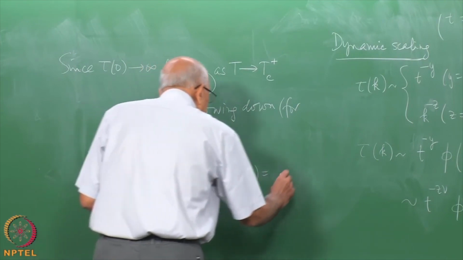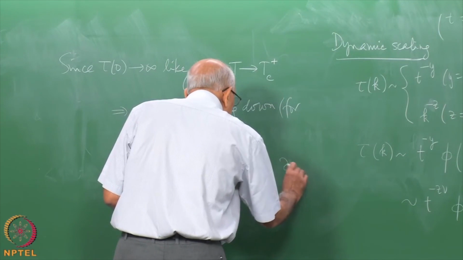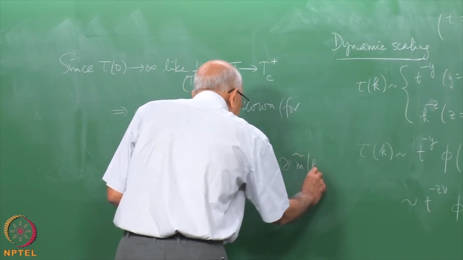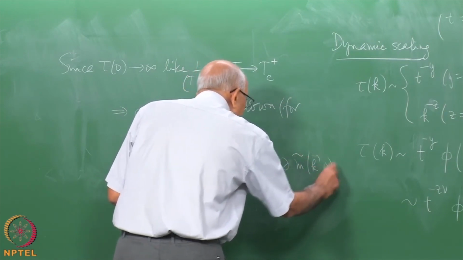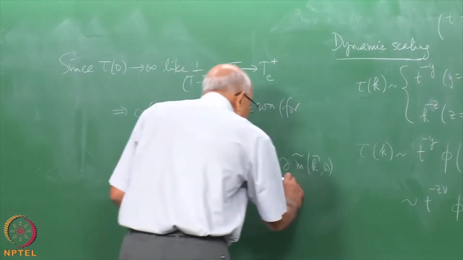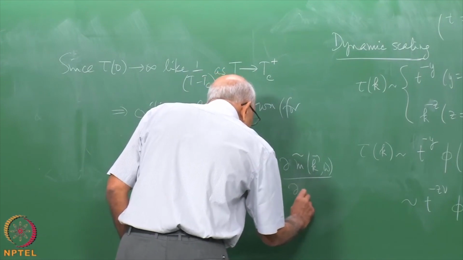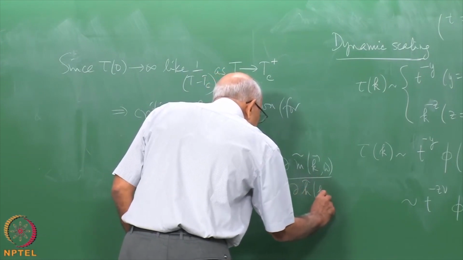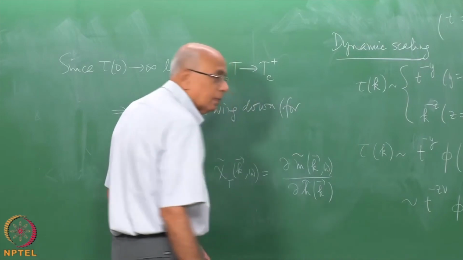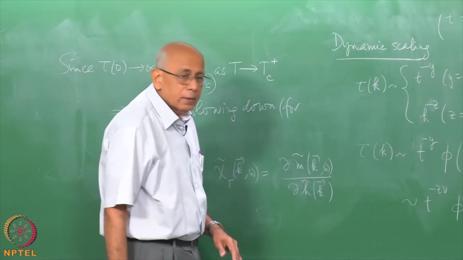This is the derivative of m tilde, Fourier transformed in space and time, with the average taken with respect to delta h tilde of k.